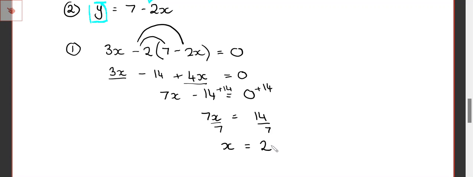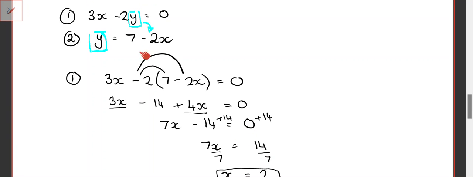We now need to find y. But that is the x value. Which equation do I put x equals 2 into? I'd say if I want to know y, I put it into 2.